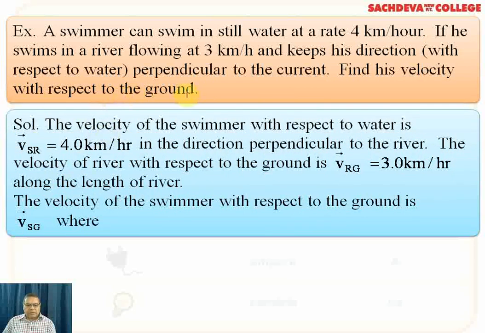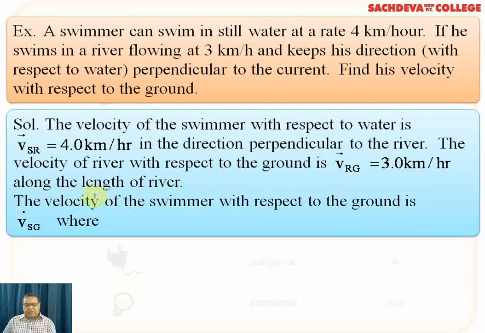Now, to solve this question, the velocity of the swimmer with respect to water is given as 4 kilometers per hour. When we write VSR, that is the velocity of the swimmer with respect to river, it is 4 kilometers per hour in the direction perpendicular to the river. The velocity of the river with respect to ground is indicated by VRG, and according to the question, VRG is given as 3 kilometers per hour along the length of the river.